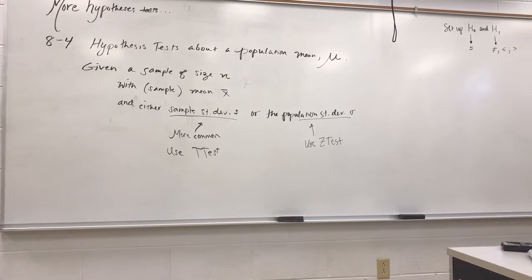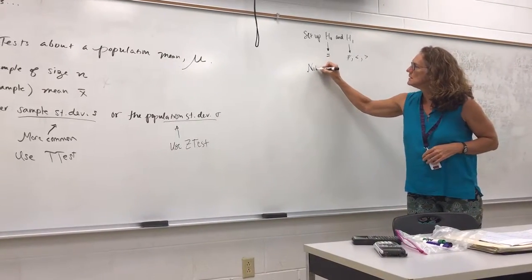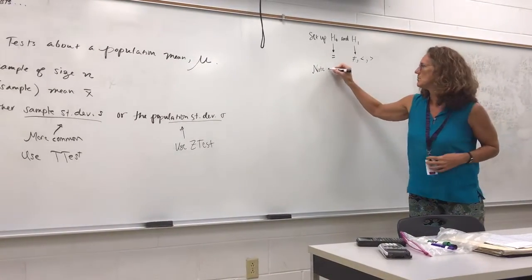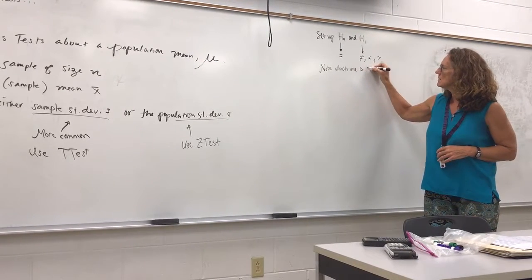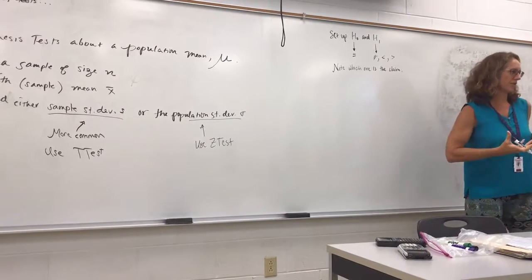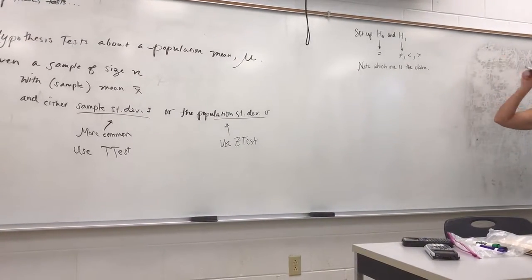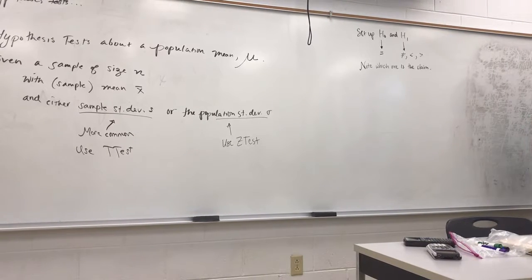We have to look at which one is your claim, based on the wording of the claim. So usually I'll say, write the claim in symbols first, identify which one it is, and then what the other one is.